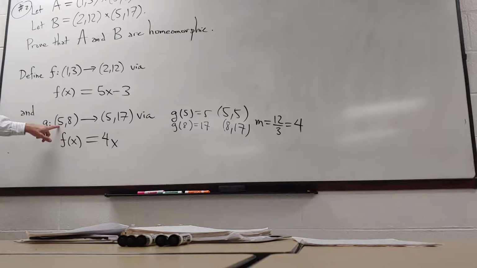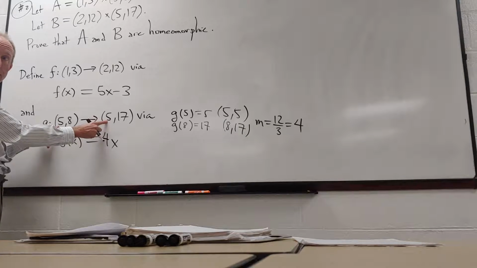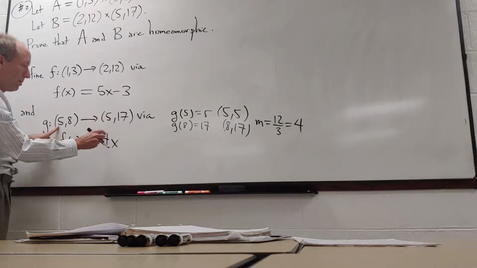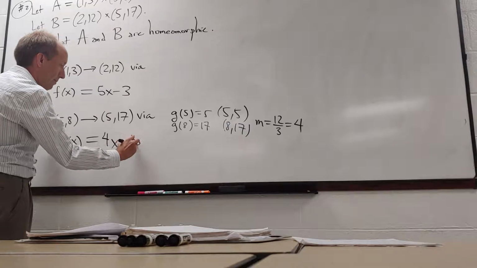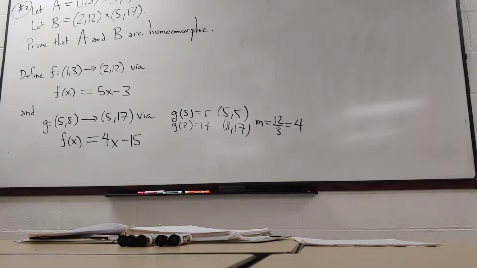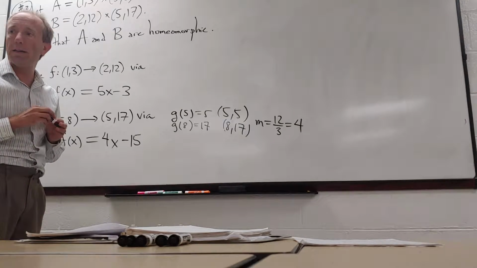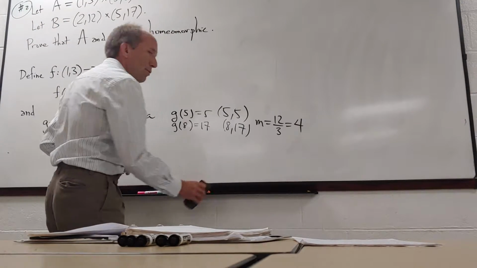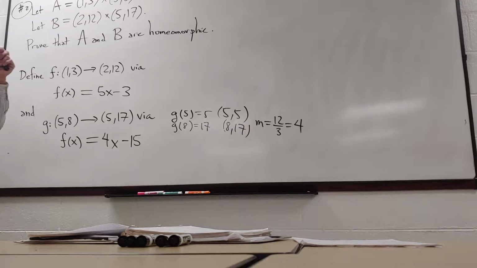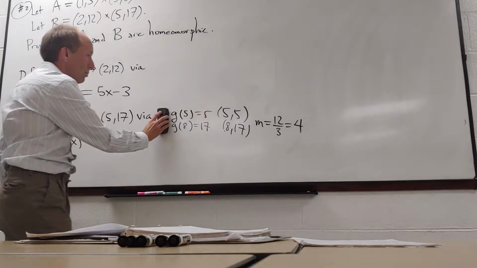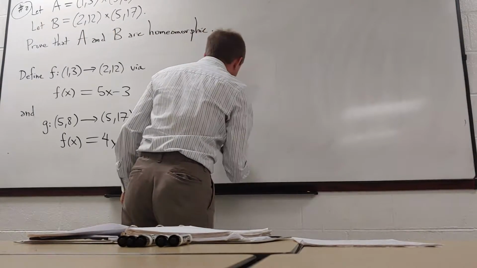Well, when I put in 5 for x, I'm supposed to get 5 as the output value. So this is 20, so I have to subtract 15. Okay? So that would be the formula. Does everybody see how I'm getting that? Yes. Okay, so you just literally use high school algebra to find the equation of the line that goes through those 2 points.